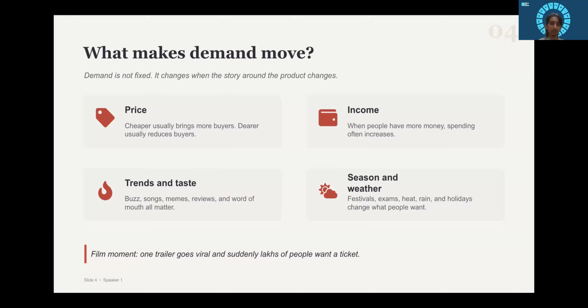A viral meme or a viral discussion suddenly spikes demand and makes people more willing to buy something for a higher price. And the fourth one is season and weather. This includes festivals, holidays, and exam season. For example, near Diwali, the price of lights and diyas goes up incredibly, and firecracker prices become like 5 times the original price.